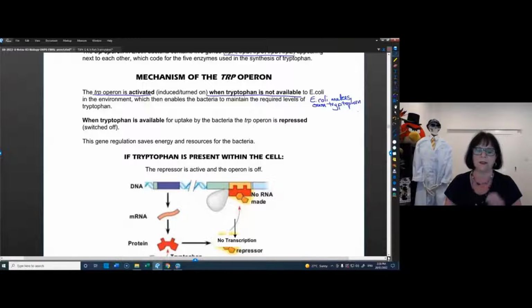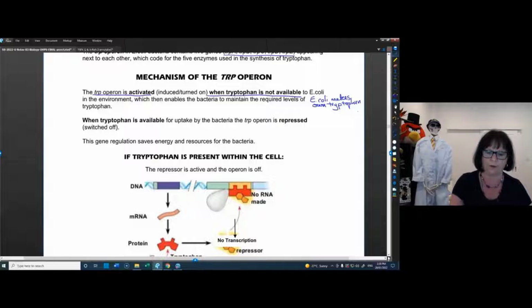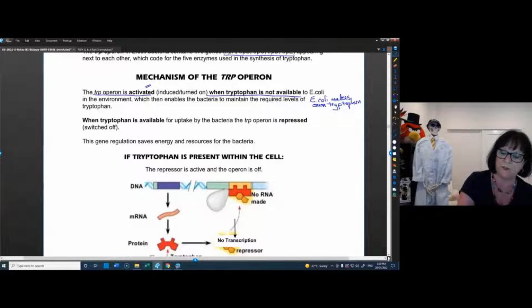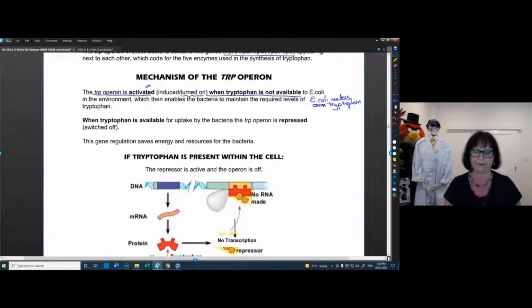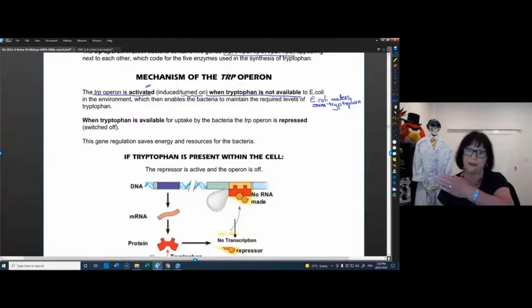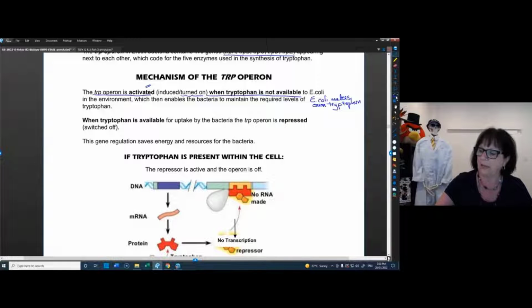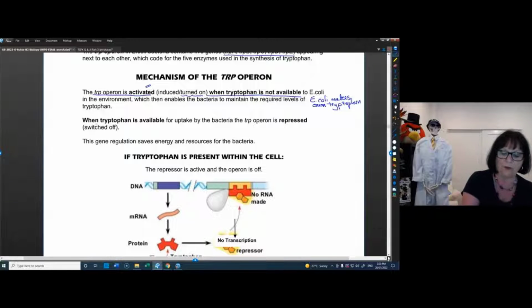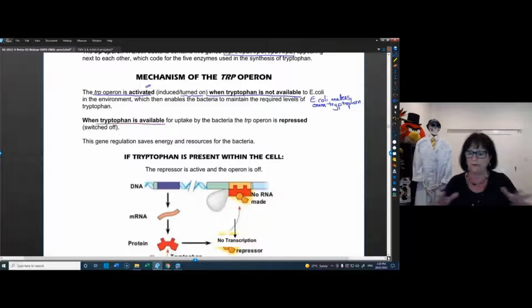So that is turning the gene on. Activation means turning it on. That means transcription's happening.